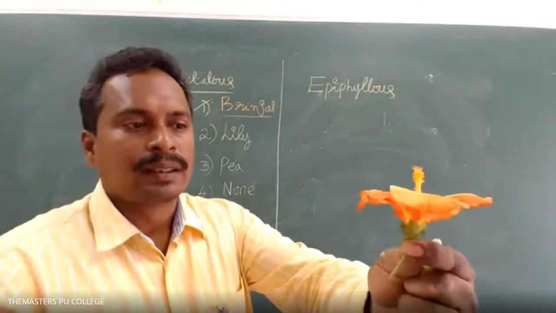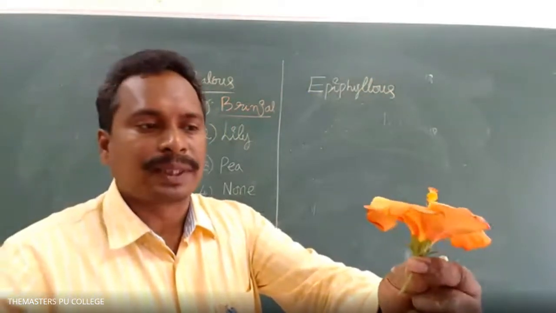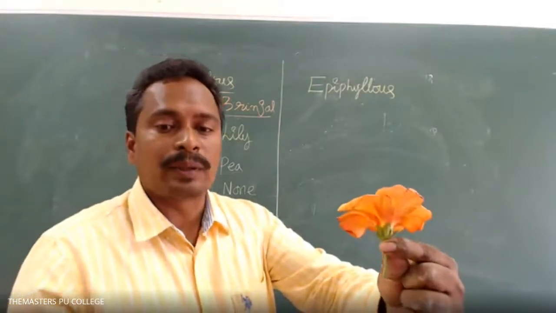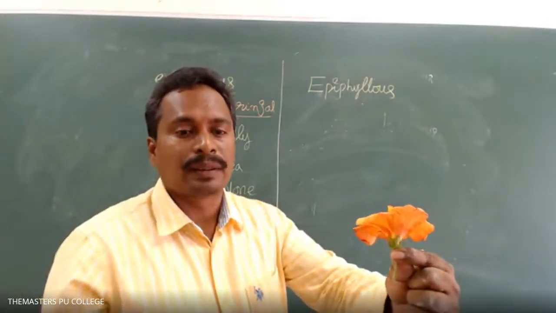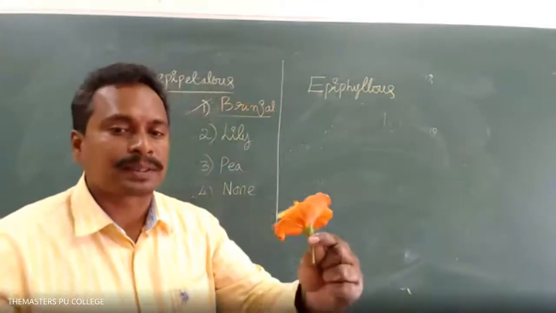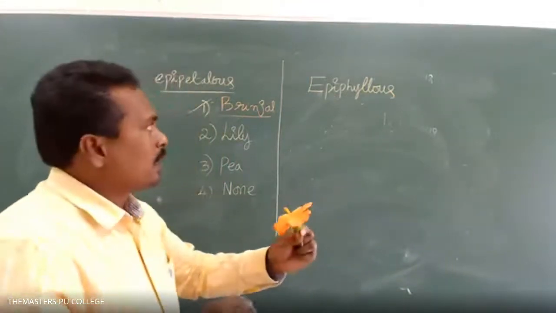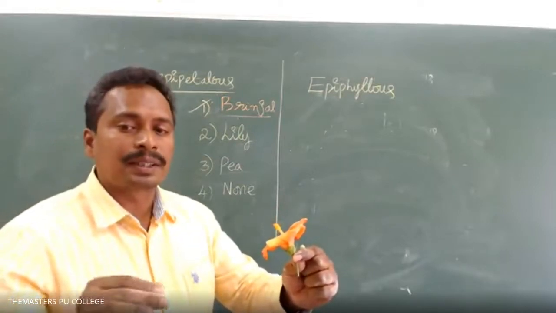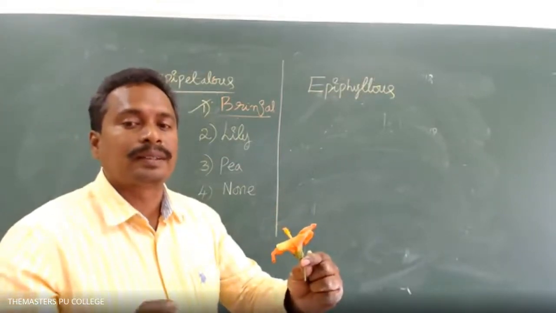Whereas in monocotyledonous plant species, there is no variation. Both appear in the same color. The calyx and corolla differentiation is not there in the non-essential organs of monocotyledons.